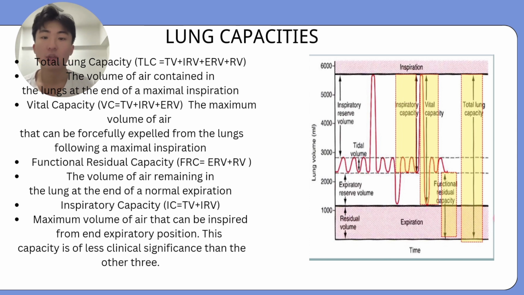It highlights first the basic lung volumes, TV, IRV, ERV, RV, as components of lung function, and then the capacities TLC, VC, FRC, IC, derived from the volumes. So the graphical representation helps illustrate how breathing involves different capacities and volumes for effective oxygen exchange.